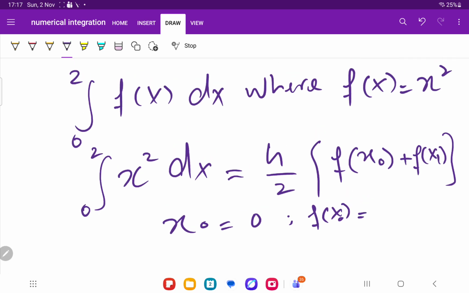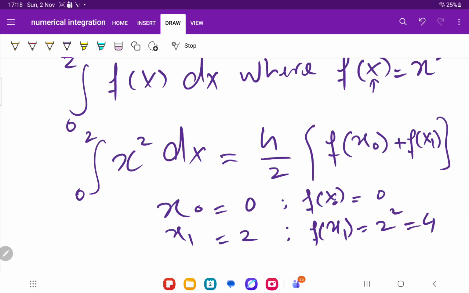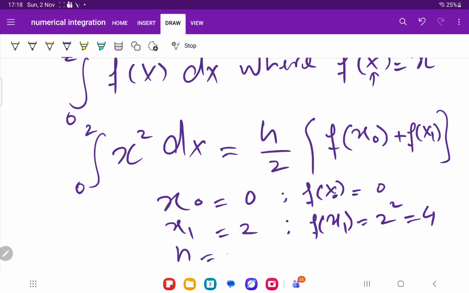It should also be 0, because by putting x naught on both sides, you will get 0. And what is x1? X1 is 2, the upper point. And f of x1 is 2 raised to power 2, which is 4. So we got two of the ingredients, and h is equal to b minus a, which is 2 minus 0. Answer is 2.